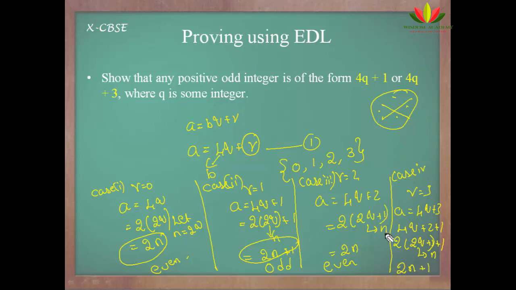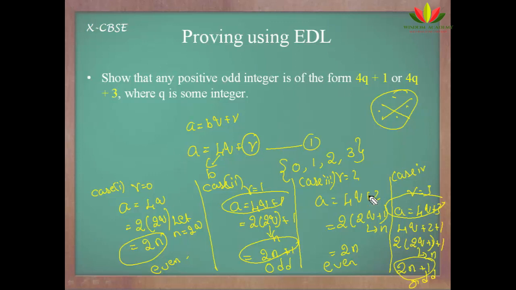Now this is also odd, right? Wherever we got the odd number, a is 4q plus 1 or it is 4q plus 3. That is what they asked, right? Show that any positive odd integer is in the form of 4q plus 1 or 4q plus 3.